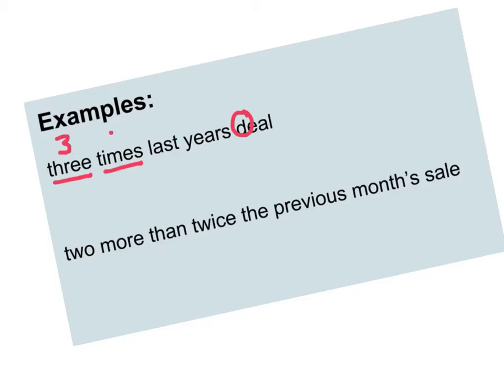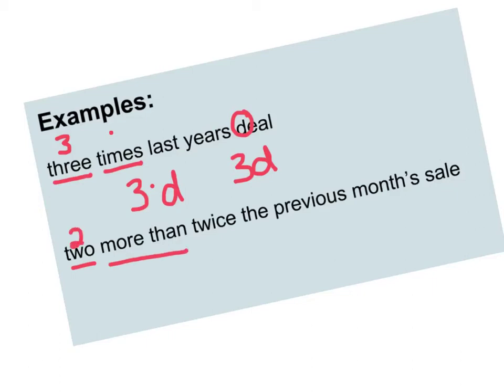Yes, as long as you pick the one that makes the most sense. So I have 3 times the deal, or you could just write 3D because a number next to a variable still means multiplication.